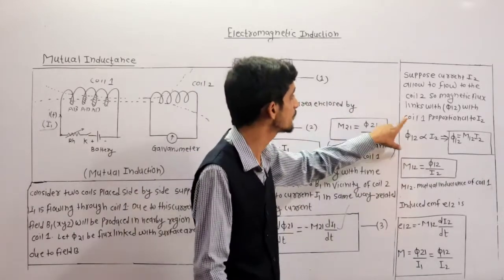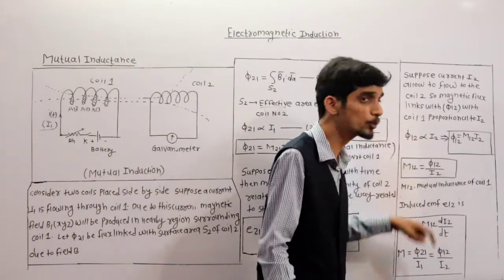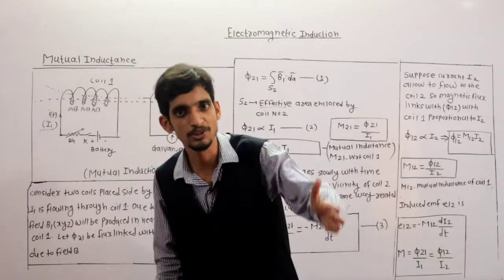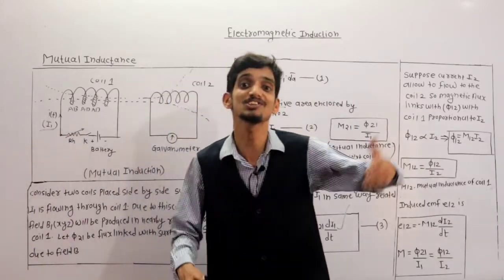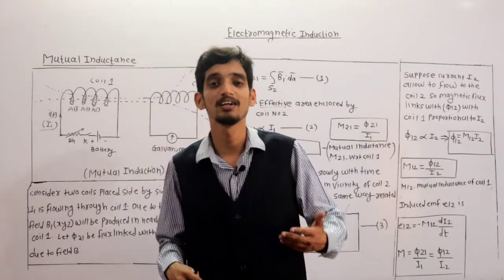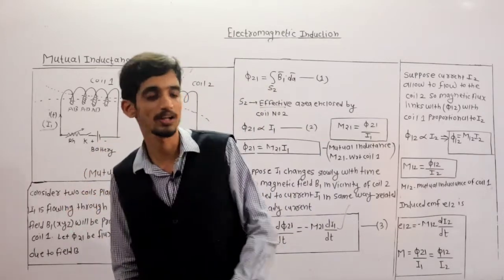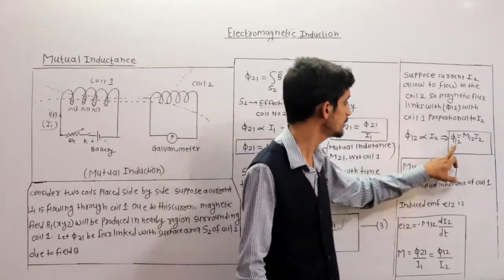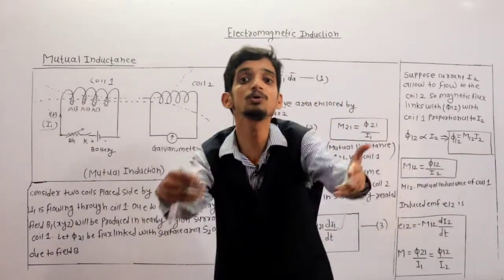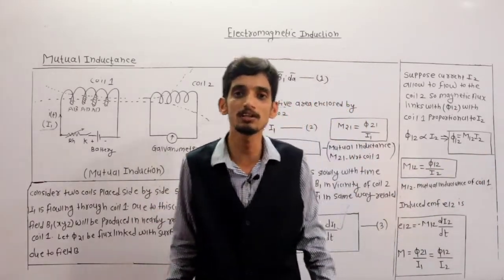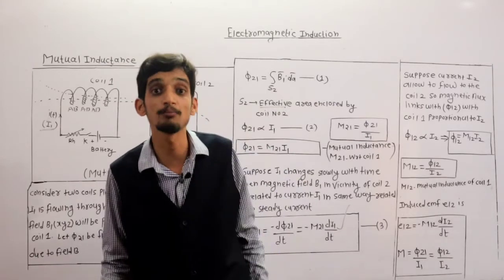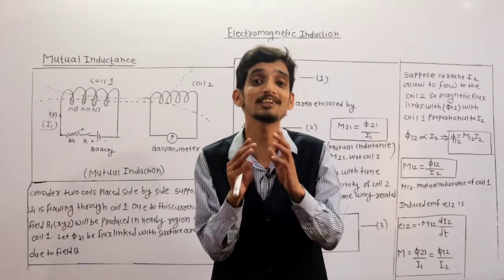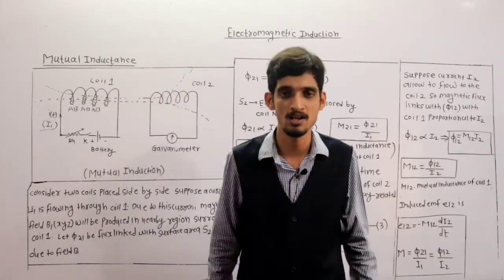So this phi 12 is proportional to which current? I2. Why? Because I2 is changing, and that's why the flux linking with the first coil changes. So phi 12 is proportional to I2. Phi 12 is equal to M12 into I2, where I2 is the current in the second coil and M12 is the mutual inductance between the first and second coil.